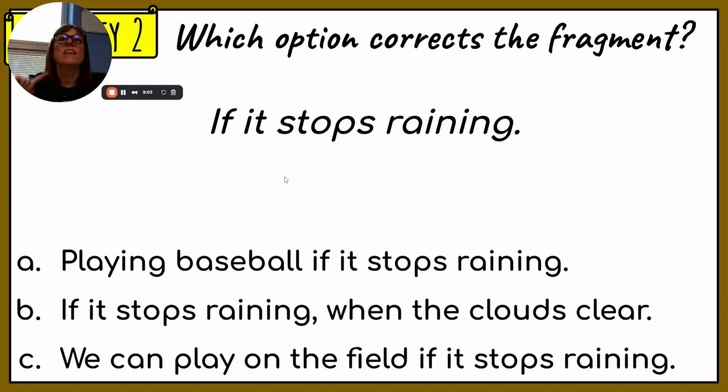The next one, if it stops raining. Ooh, this is one of those ones with the subordinating conjunction. Here it is, the subordinating conjunction: if. It stopped raining is a sentence, but when I put this subordinating conjunction on the front of it, hold on, my lights went out.